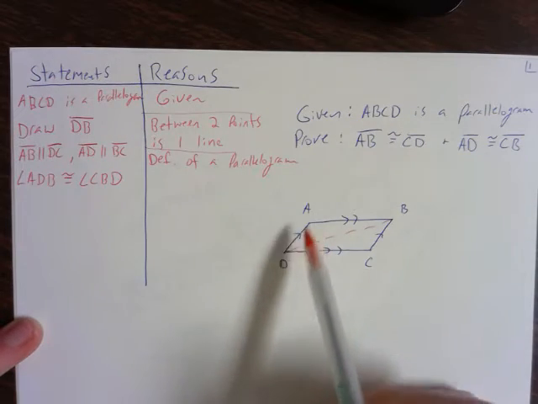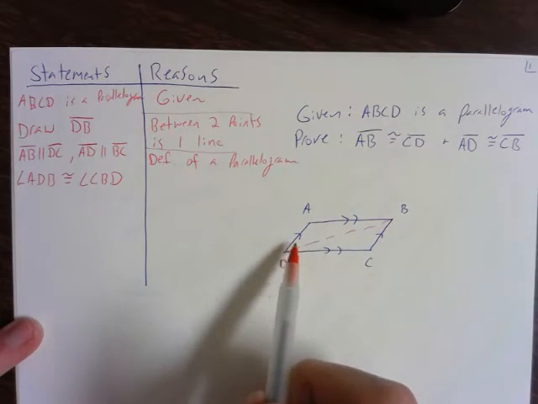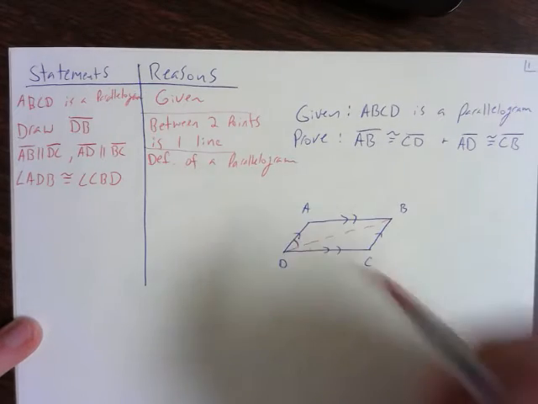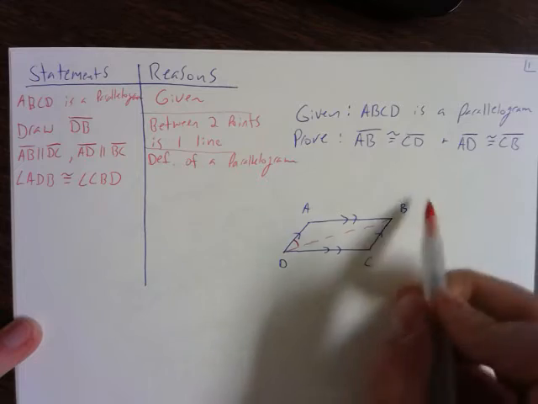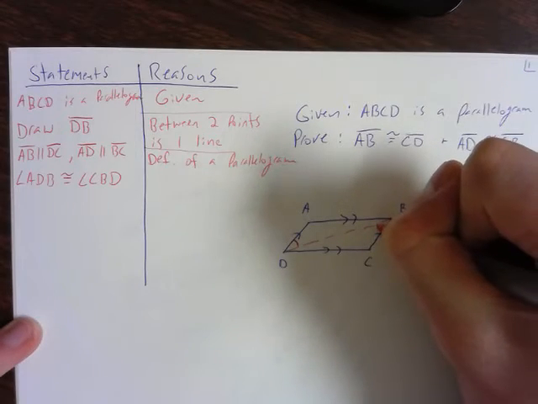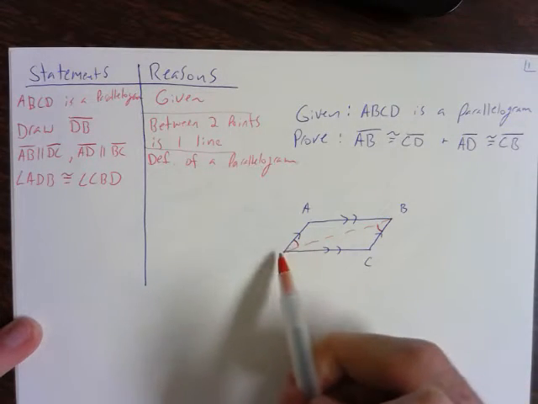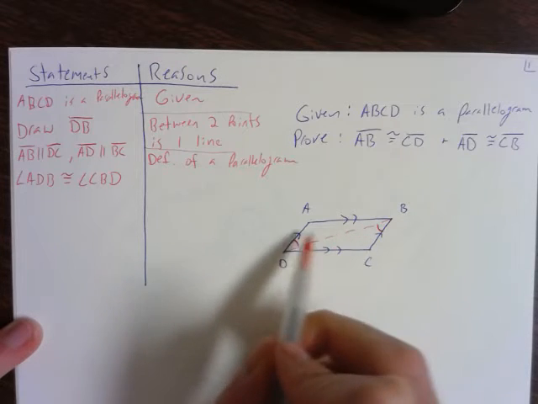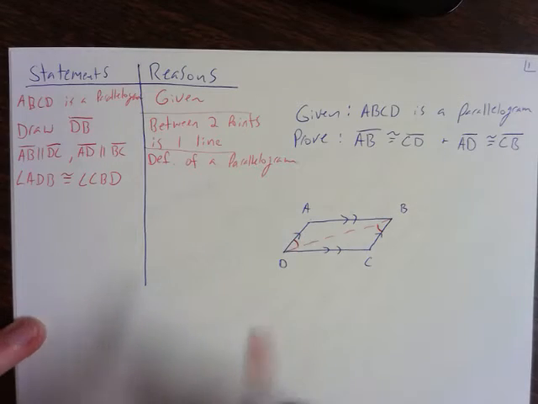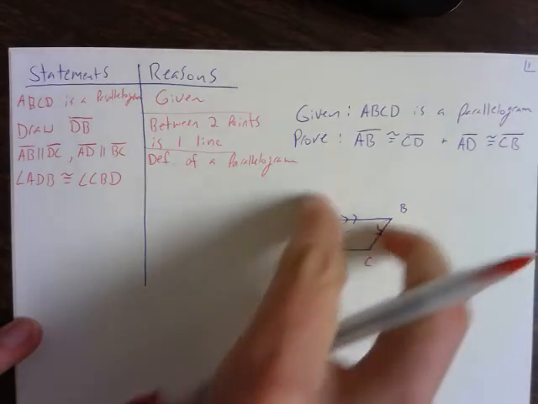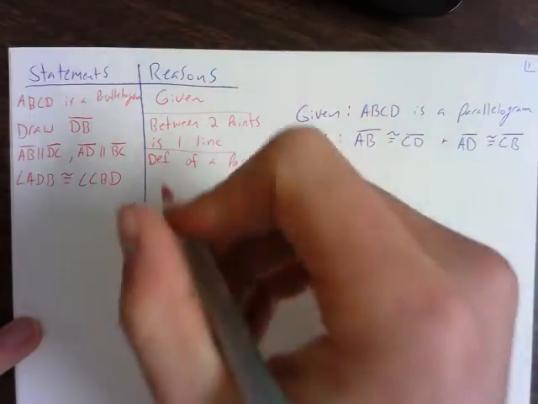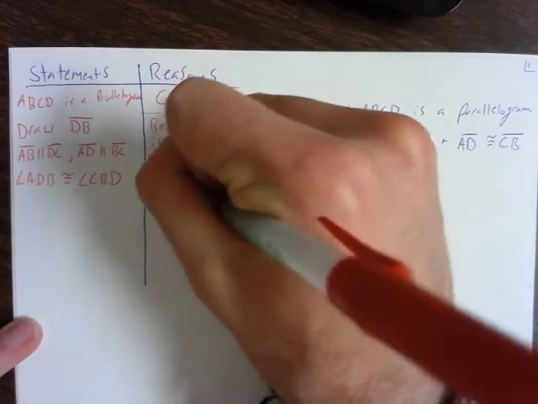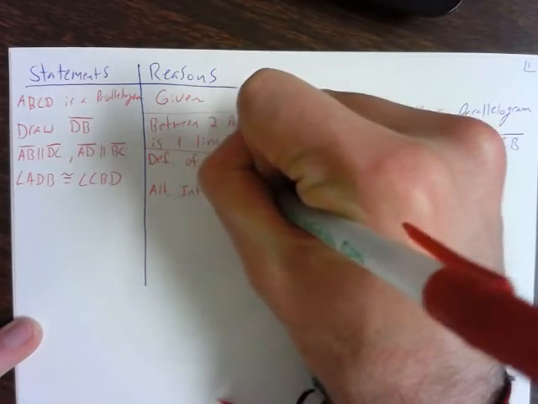So I have angle ADB, so this angle right here, is congruent to angle CBD, or this angle up here. And if I'm thinking of this dashed line as my transversal, I'm on opposite or alternate sides of that transversal, and I'm inside my parallel lines there. So this is going to be alternate interior angle theorem.